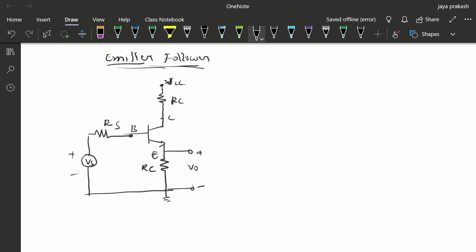Okay, so to do the method of analysis of feedback amplifier, in the last lecture I gave the steps. In the first step, we have to identify what kind of feedback topology it is. In order to identify that, first we have to see whether it is voltage sampling or current sampling, or whether it is shunt mixing or series mixing.